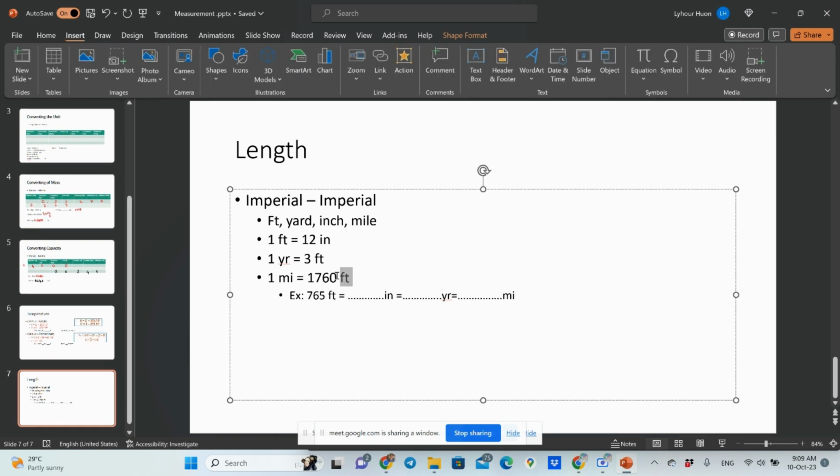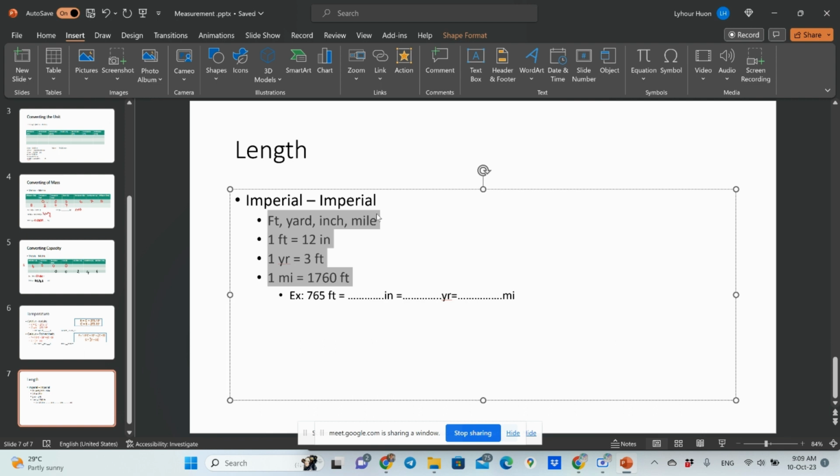By looking at this, what is the smallest unit? We know the units we have are foot, yard, inch, and miles.